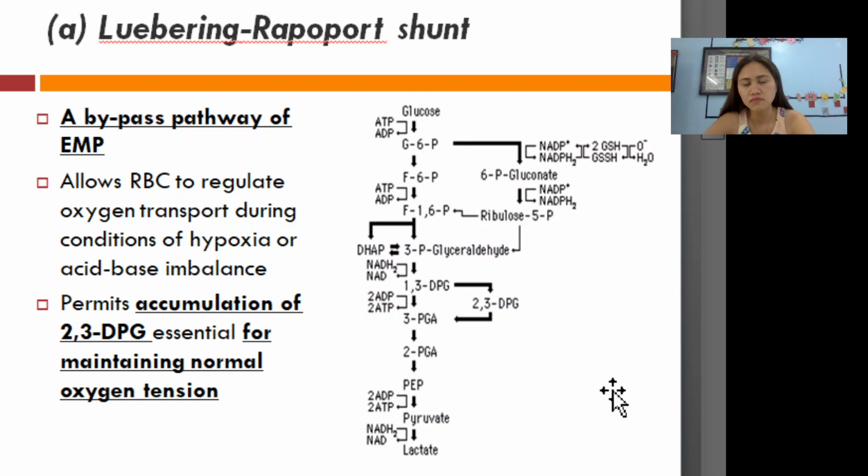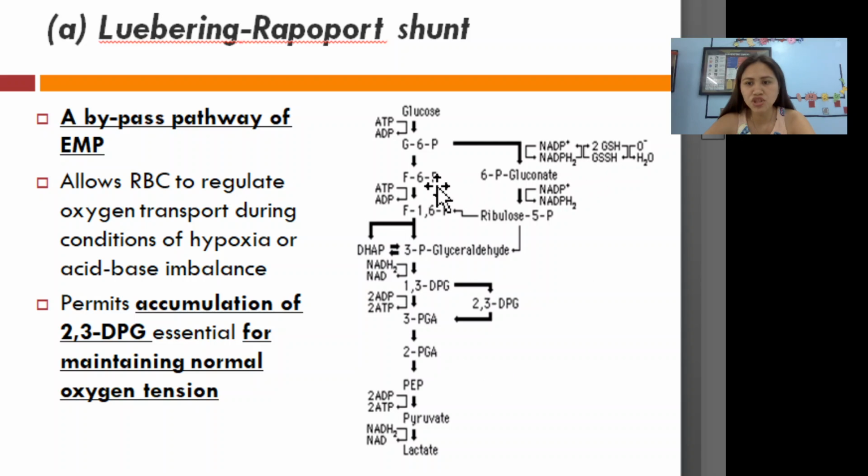Next, let's go to Luebering-Rapoport shunt. Okay, Luebering-Rapoport shunt is a bypass pathway of Embden-Meyerhof pathway. So, diba the main pathway is the Embden-Meyerhof pathway. So, bypass siya kay naman siya diri sa kilid.